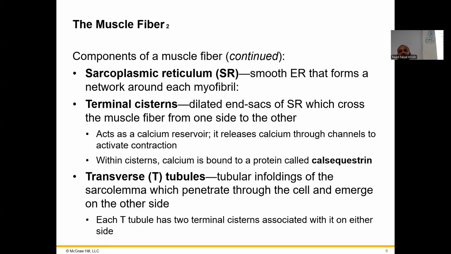Components of a muscle fiber. The components of the muscle fiber are your sarcoplasmic reticulum. The sarcoplasmic reticulum is like the endoplasmic reticulum. It is smooth endoplasmic reticulum that forms a network around each myofibril.